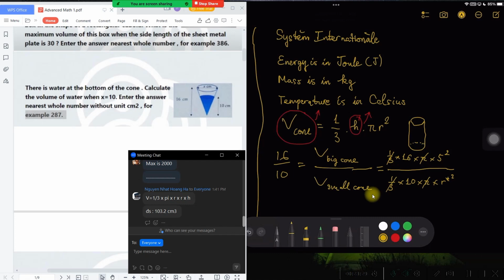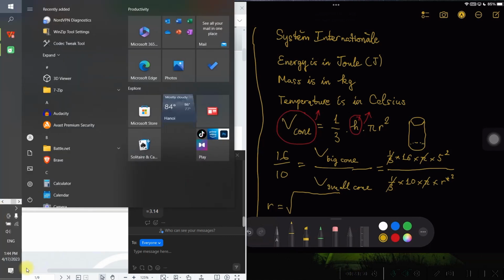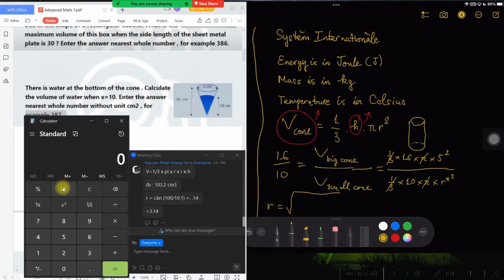So you should find out that r equals, move the r up here. Like r moves to the left side, so we have, with the calculator, 16 times 25, you get 400.